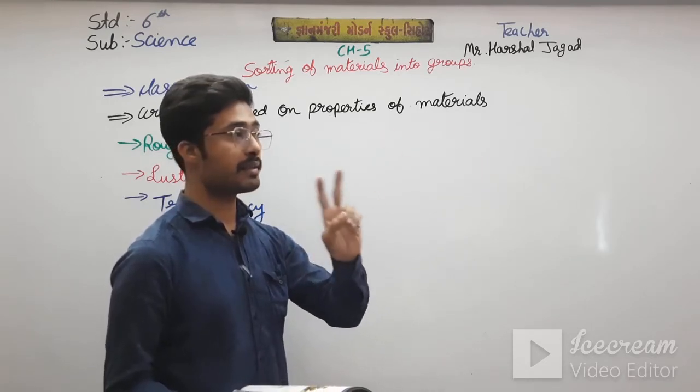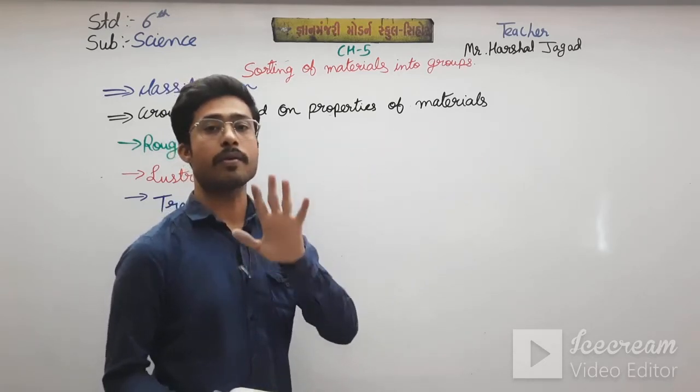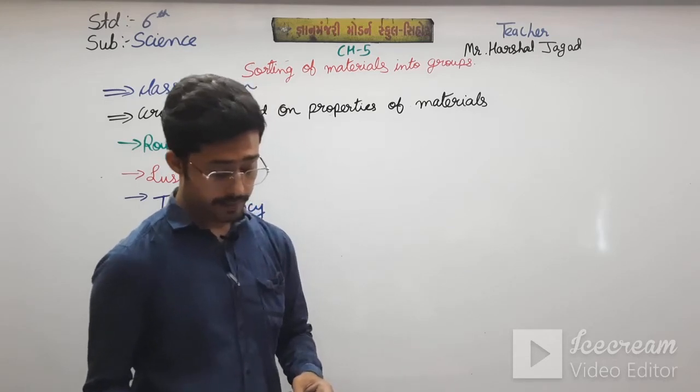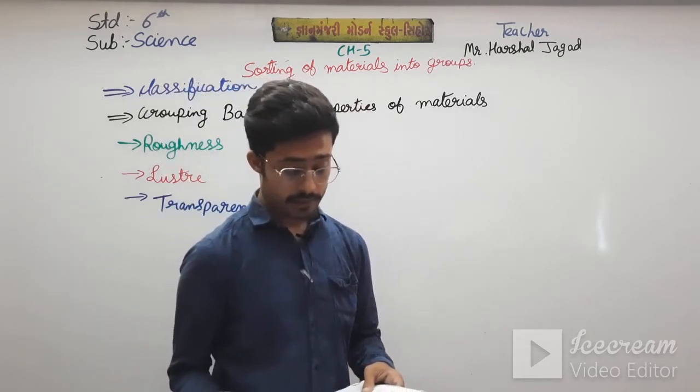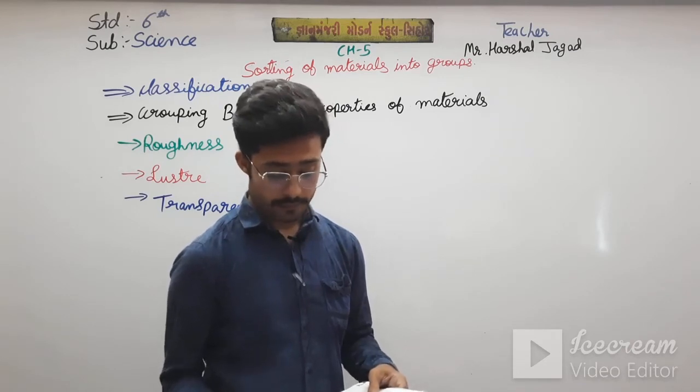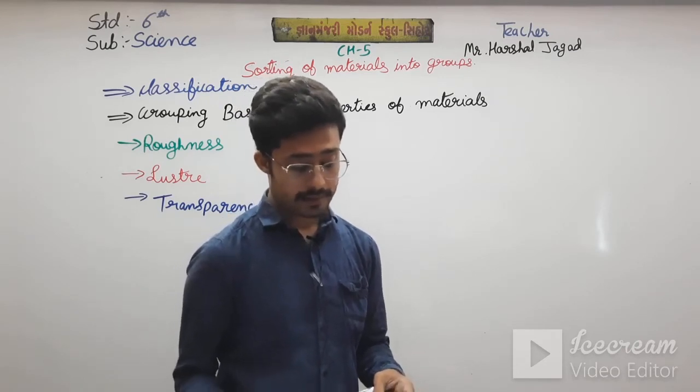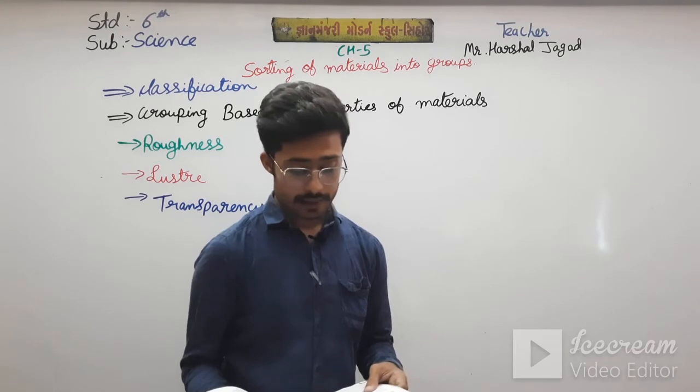Materials that allow light to pass through them completely are called transparent. For example, clear glass, air, clean water, clear plastic.